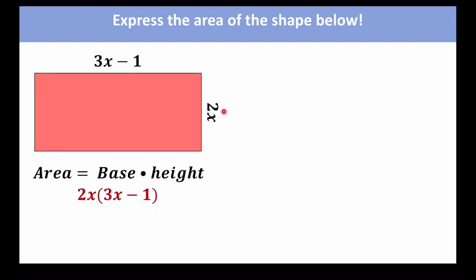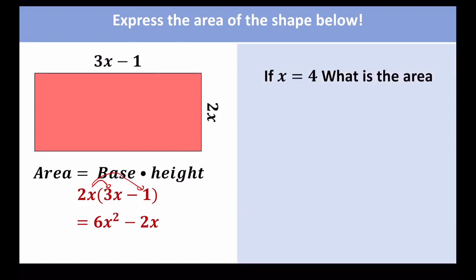We're going to take our base, our 3x minus 1, and our 2x, our height, and find an area, a product, right? So we distribute it in. So now we have 6x squared, right? 2 times 3 is 6. X times x is x squared, minus 2 times 1 is 2, and then x just is hanging out there.